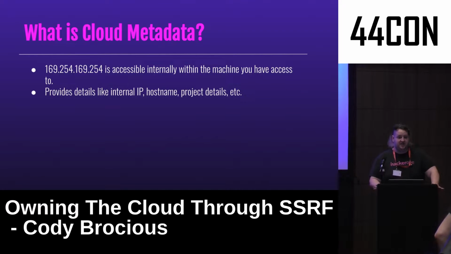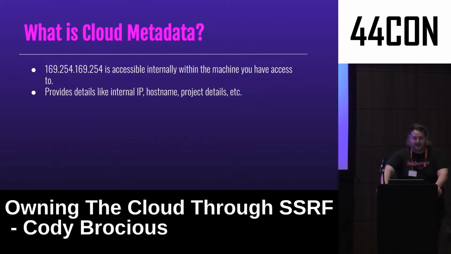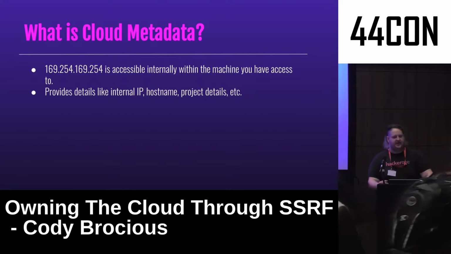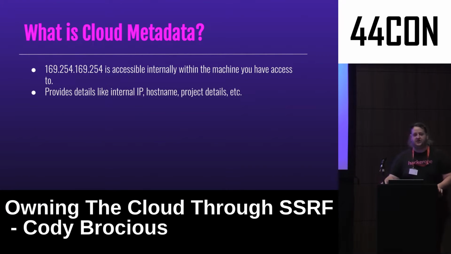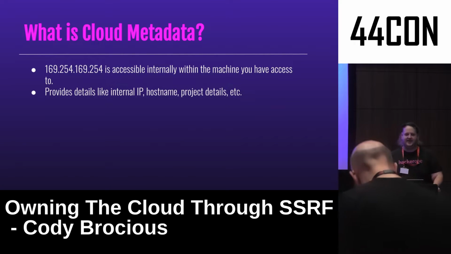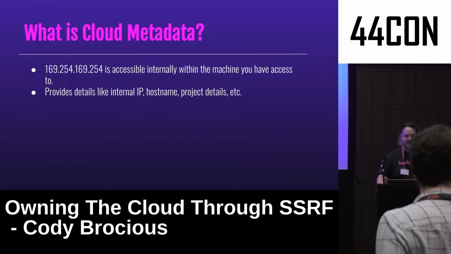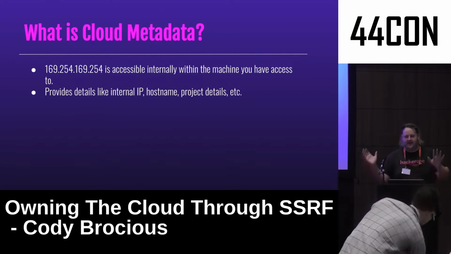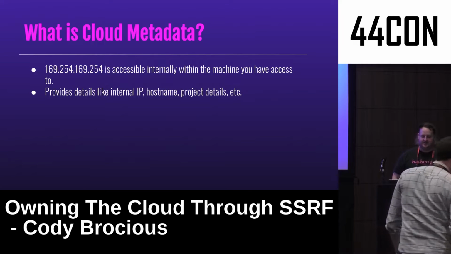And it just sits there listening on plain HTTP, and it'll provide innocuous things like what the name of the project is, what the host name of the server is, things like that. It'll also provide slightly less innocuous things like SSH keys or AWS access keys and secret keys. Pretty much anything that you need to own the project entirely can come straight from the metadata service.